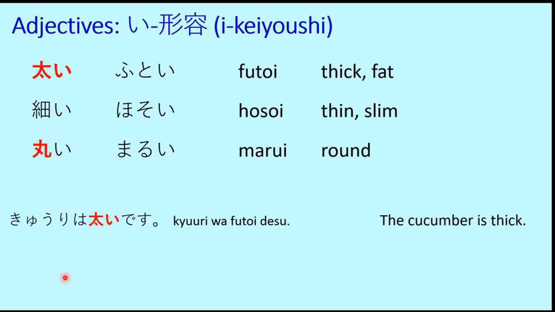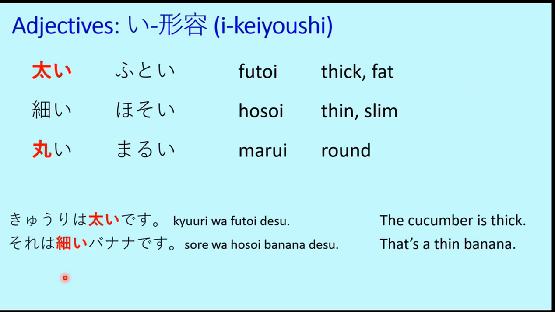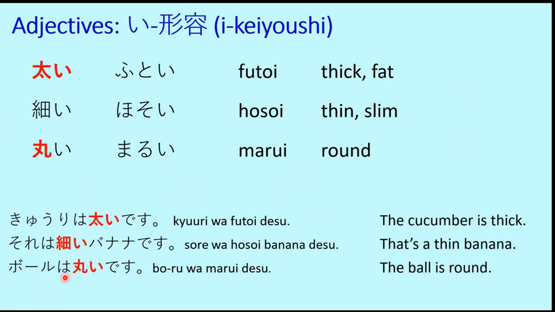The cucumber is thick. This is an example to represent a thick or fat thing. Sore wa hosoi banana desu. That's a thin banana. Sore wa means that is. So a banana is placed somewhere, and we are indicating from a distance. Boru wa marui desu. The ball is round. In this way, futoi, hosoi, and marui can be expressed.